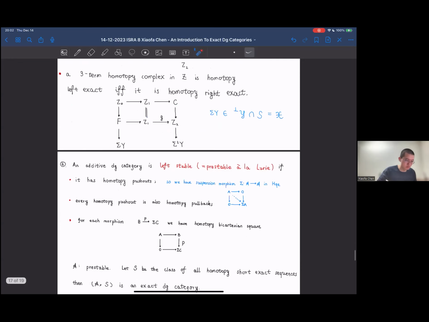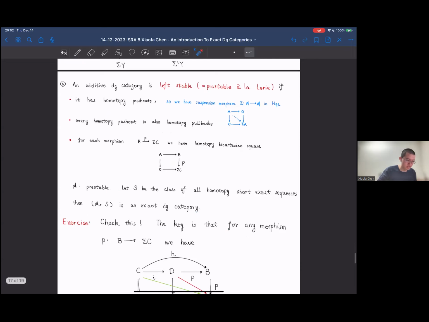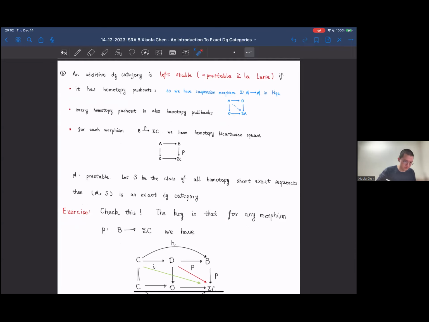Now, let me give another, more general example of T structures. Okay, so for an additive DG category A, it is left stable, or in Lurie's notion pre-stable, if it has homotopy push-outs.